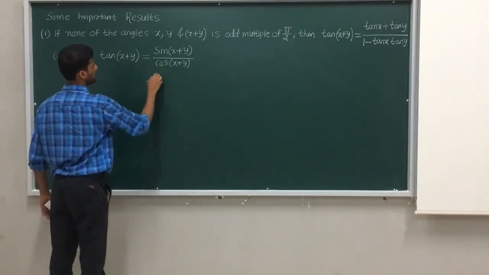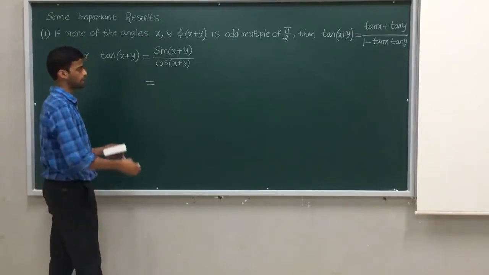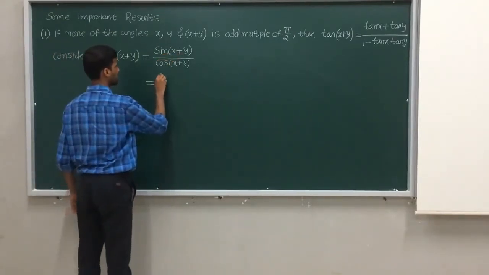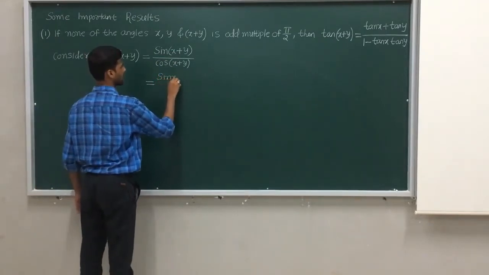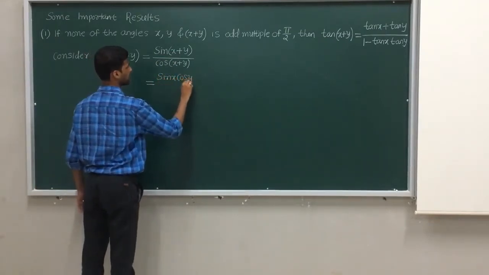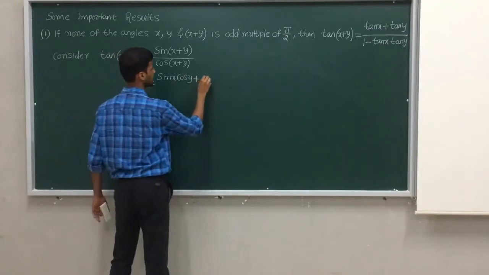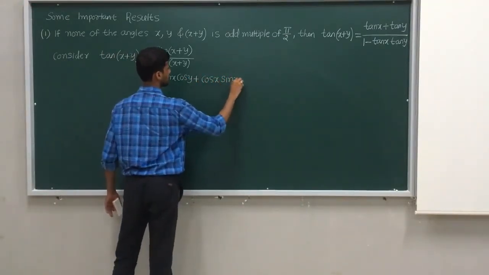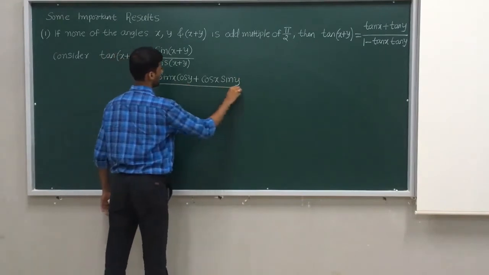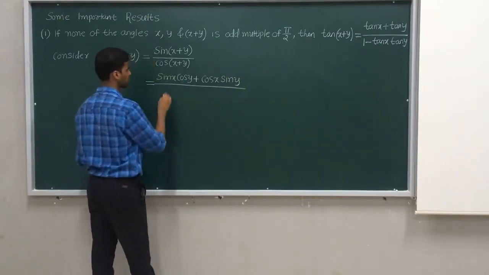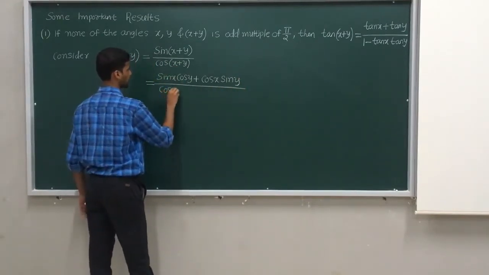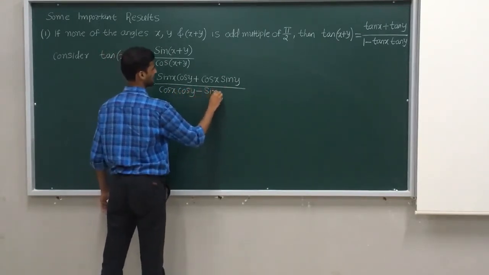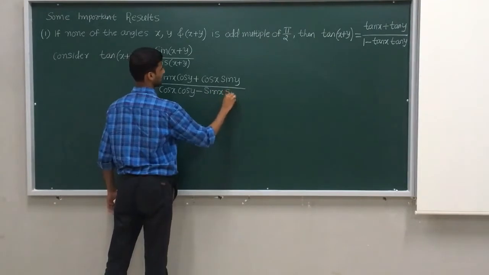Just now in the previous video we discussed the sin of x plus y result. Sin of x plus y can be written as sin x cos y plus cos x sin y, whole divided by cos of x plus y, we know it is cos x cos y minus sin x sin y.